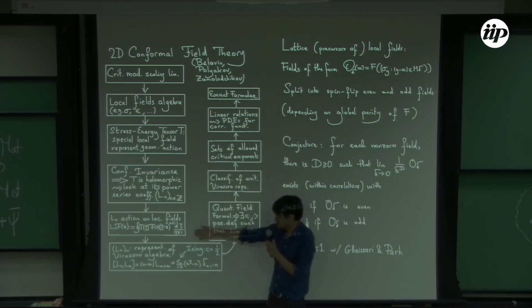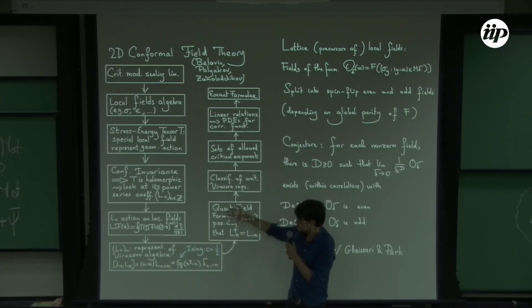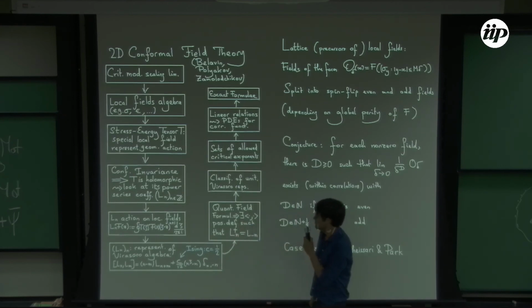Now you find tons of them because for every field you act on it by the Virasoro algebra, you get a Virasoro representation. So what kind of things do we have? Using reflection positivity for models like the Ising model, you're able to really narrow down the kind of representations you have, namely the unitary representations.